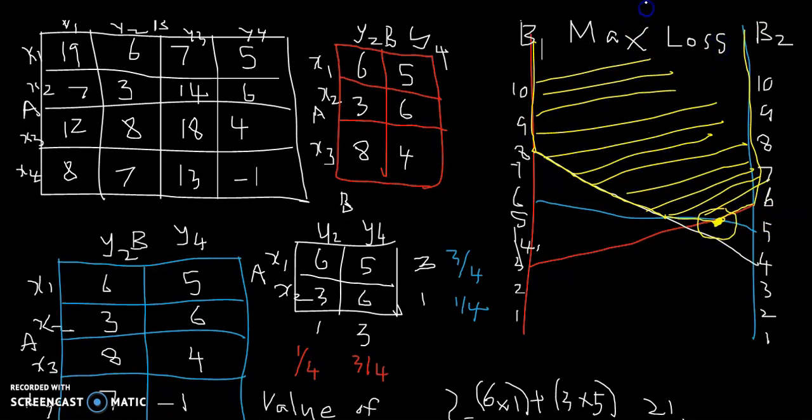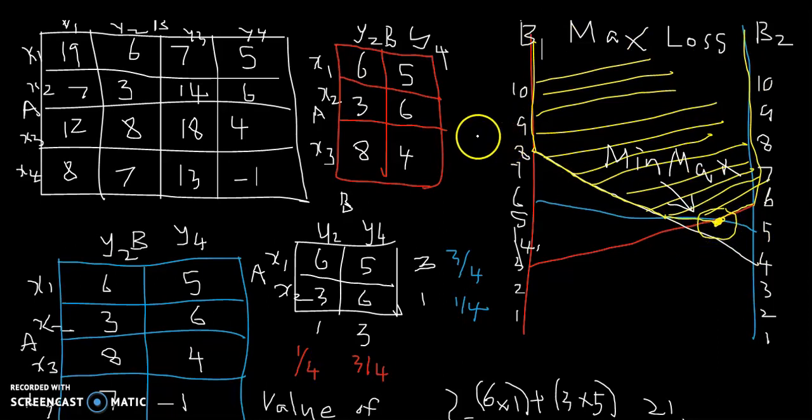For player B, the aim is minimizing his maximum loss. So which is the point here? The point is this, the very lowest point, which is the minimum among this maximum loss area. Therefore, this is the point we are considering.